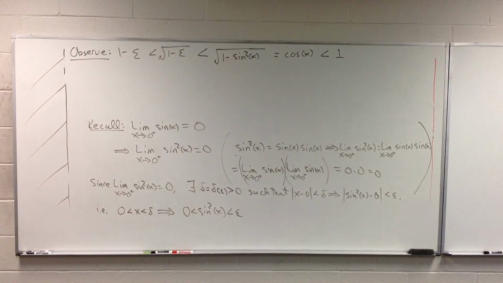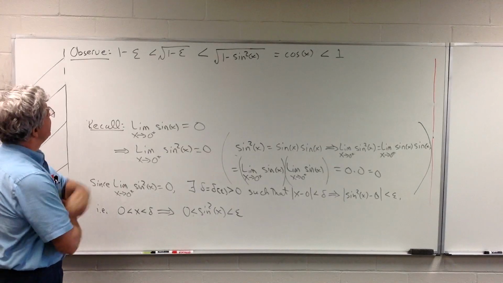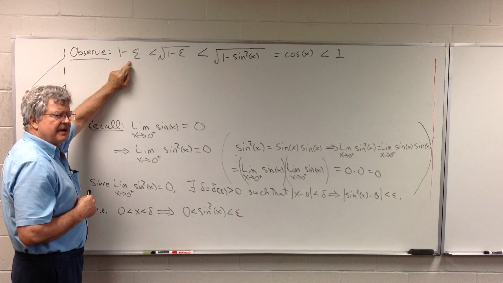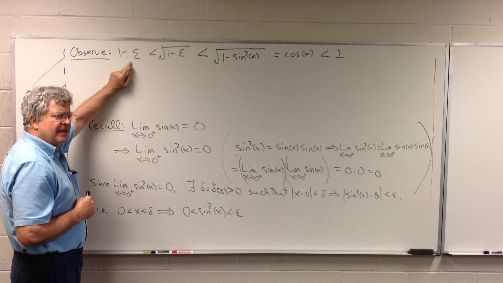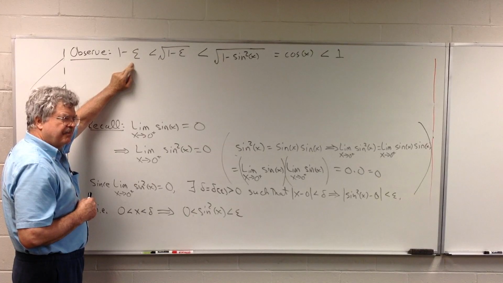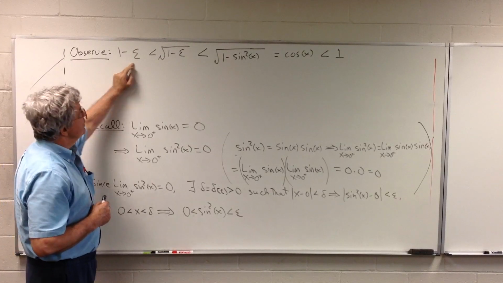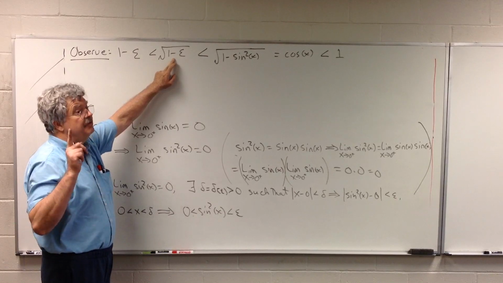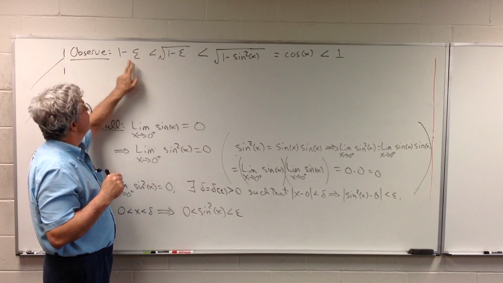Why is all of that true? Well, 1 minus epsilon is a number that's between 0 and 1. And when we compute the square root of a number that's between 0 and 1, we actually get something that's larger than the original number.